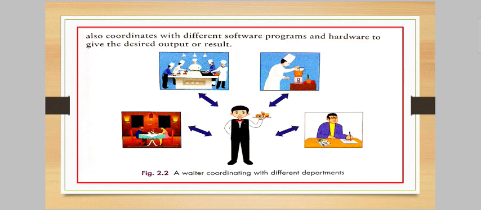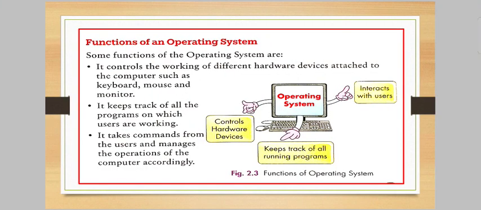Now, functions of an operating system. So what are the functions? It controls the working of different hardware devices attached to the computer such as keyboard, mouse and monitor. That means the operating system controls the working of different hardware which are attached to the computer.